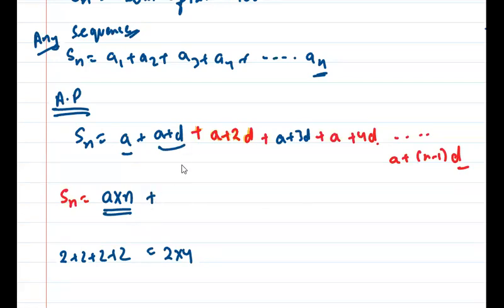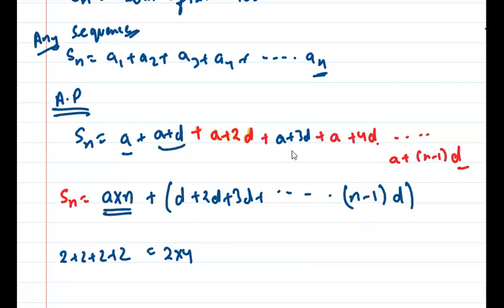Plus. Now, let's think about this. Second term is D. So it is D plus 2D plus 3D plus dot, dot, dot, n minus 1 into D. Anyone have any doubt in this? Tell me, anyone have any doubt till this point? Raise your hand.